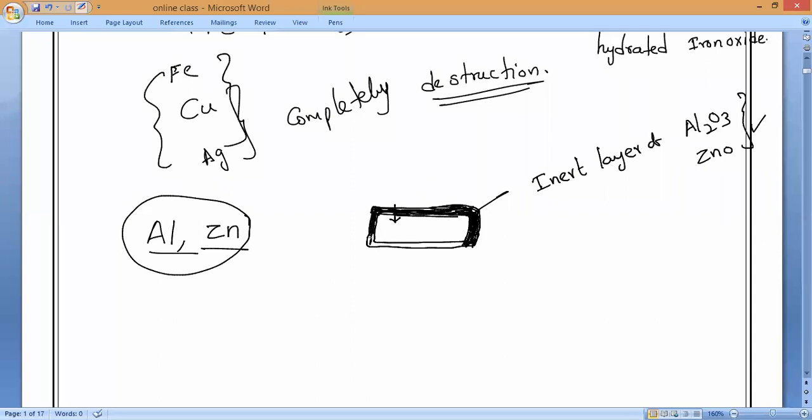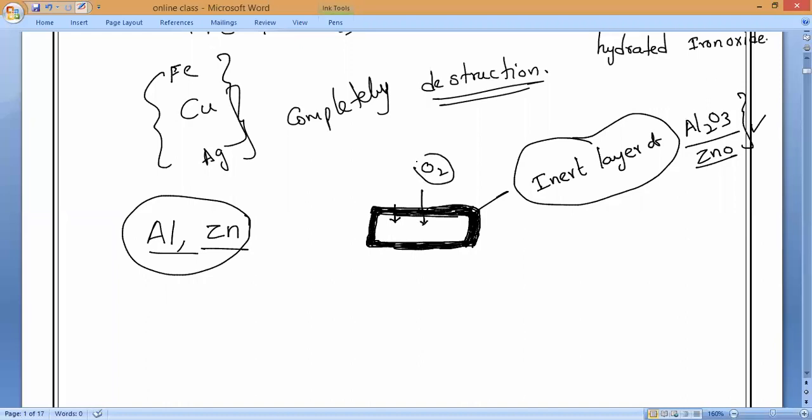Once the top layer of aluminum and zinc reacts, it forms a protective layer of aluminum oxide or zinc oxide, which is a completely inert layer. What do you mean by this, and what is the use of this? Once it forms the top layer, it works like a barricade. It won't allow oxygen gas to go inside the metal further.